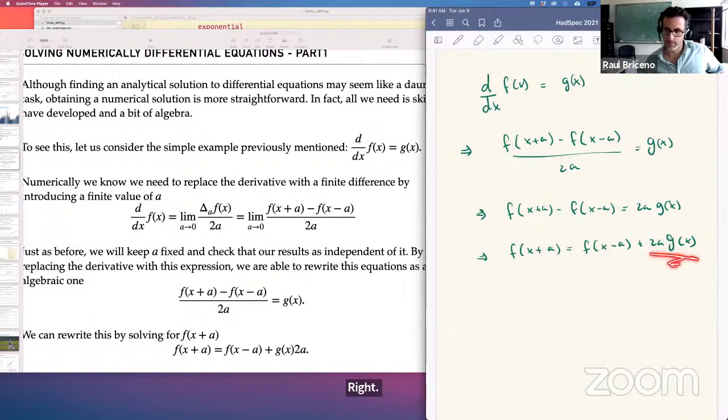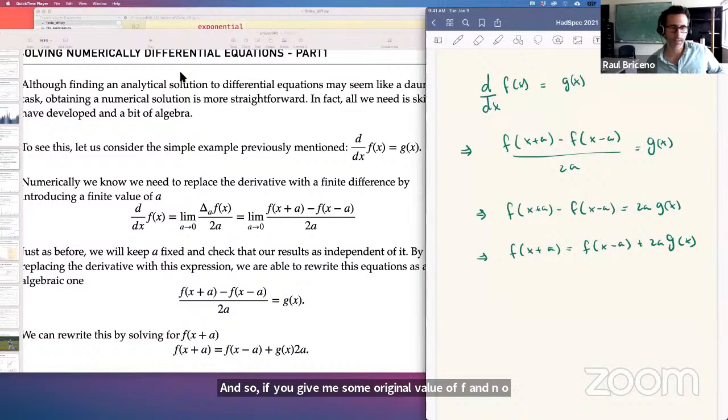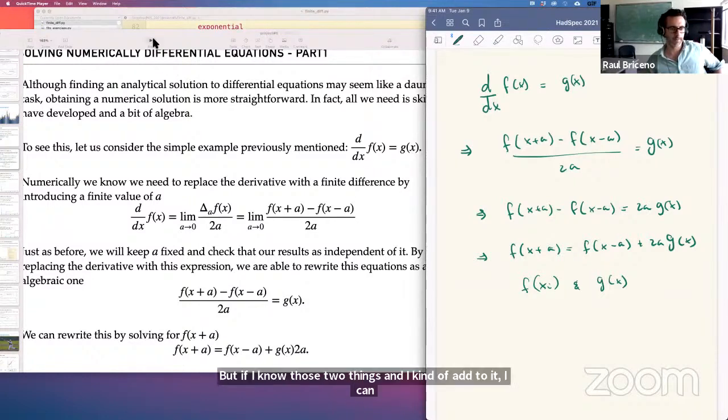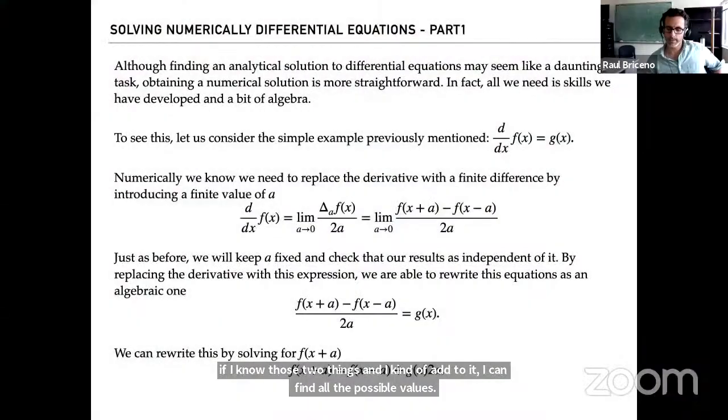Plus a shift, which is connected to the rate of change, right? The rate of change of f is equal to g of x, right? And so if you give me some original value of f and I know what g is, then I can give you all the values of f at any point, right? So I need f at some first instant, and I need to know g of x. But if I know those two things, then I can find all the possible values of f. How simple is that?